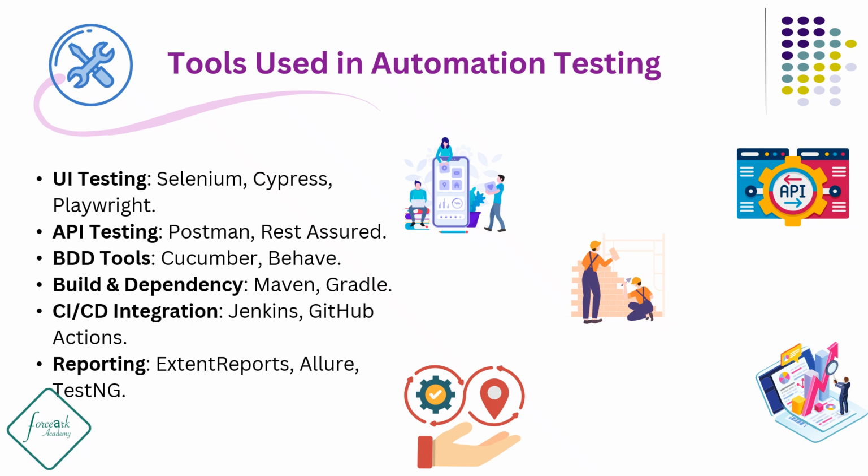In automation, we have a number of tools available. Different tools are used at different layers. So here, if you see, for user interface testing, mainly Selenium, Cypress, and Playwright are used. For BDD tools, generally Cucumber helps to map scenarios to code using Gherkin.